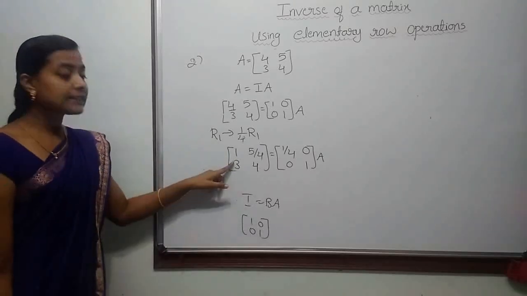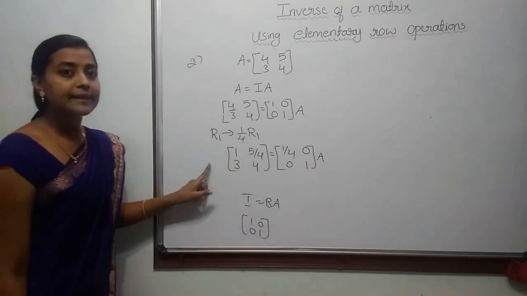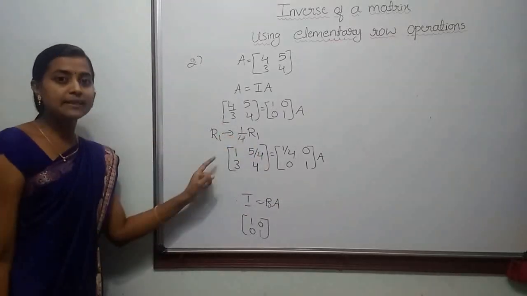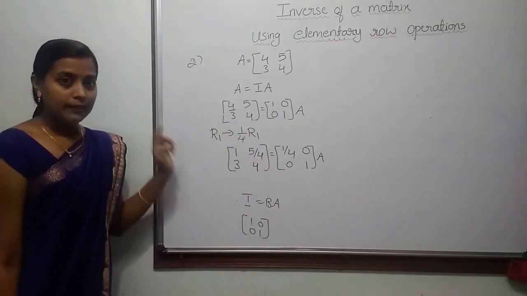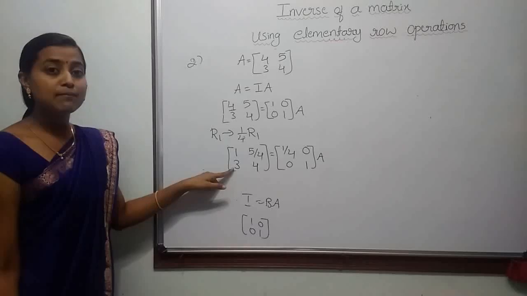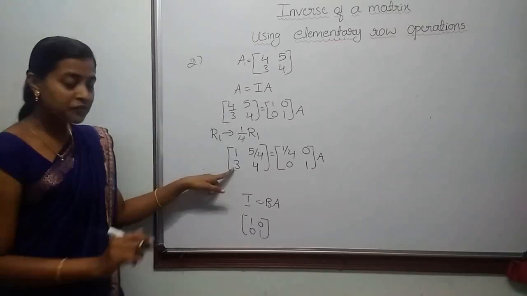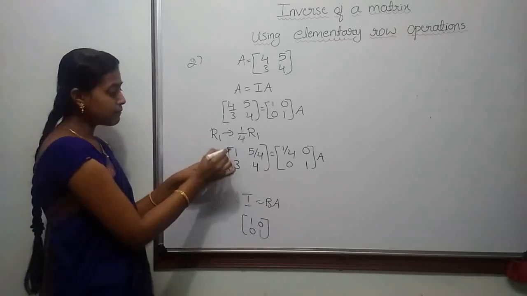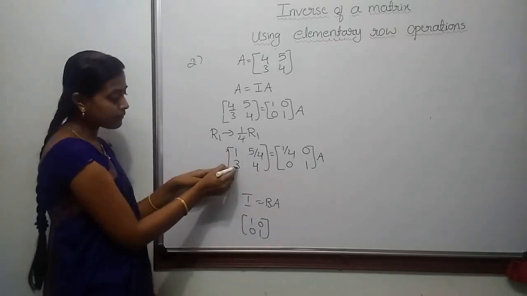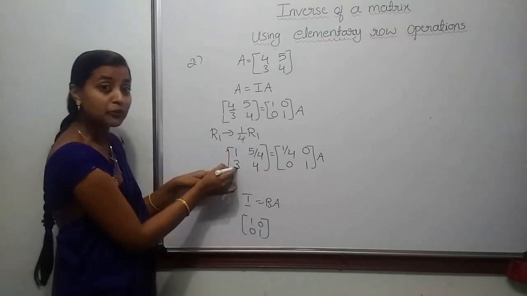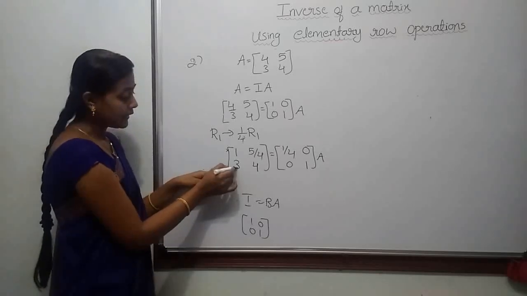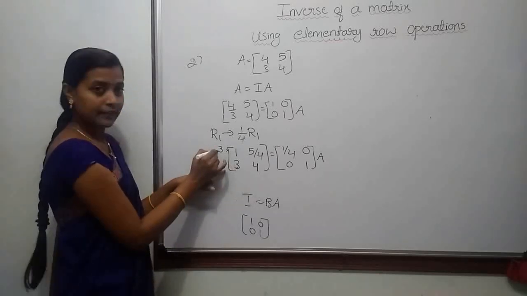Now to make the element lying in the second row, first column 0. Whenever we have to make an element 0, we use another row. How do you use it? Multiply the first row by the value of the element which we have to make 0. Here this element is 3.